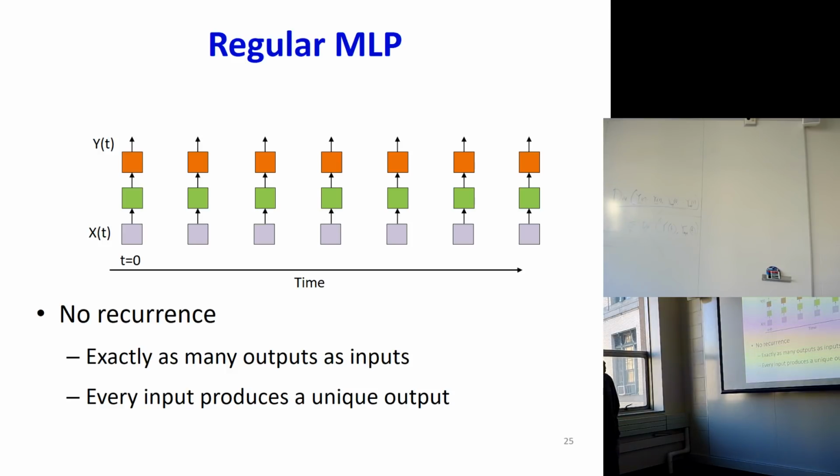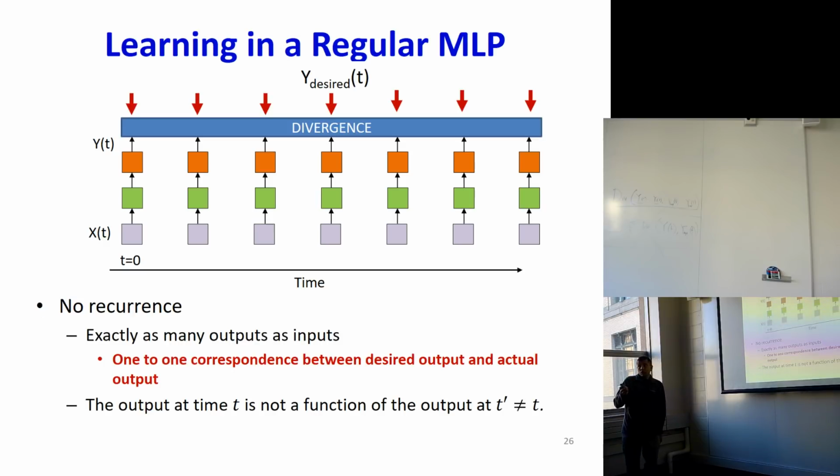But now, if I want to train this network, I can still think of the output as a time series, right? And now I can still compute a divergence between the sequence of outputs and the sequence of desired outputs. Now, this doesn't necessarily mean that the divergence breaks down as divergences at individual instances.